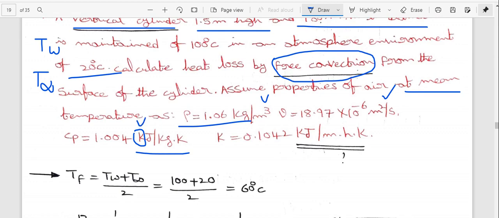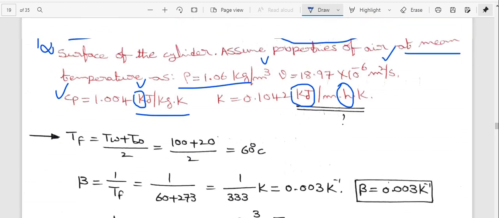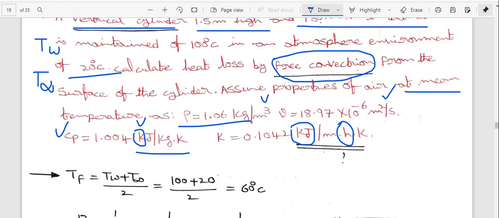Here K is in watt per meter Kelvin. We need to convert this Cp value into joule per kg Kelvin, and the K value is watt per meter Kelvin, or joule per second meter Kelvin. First of all we need to check whether these mean temperature properties are at 60 degrees.